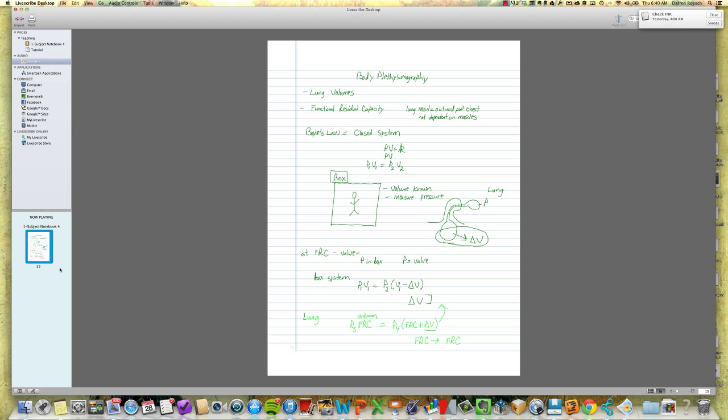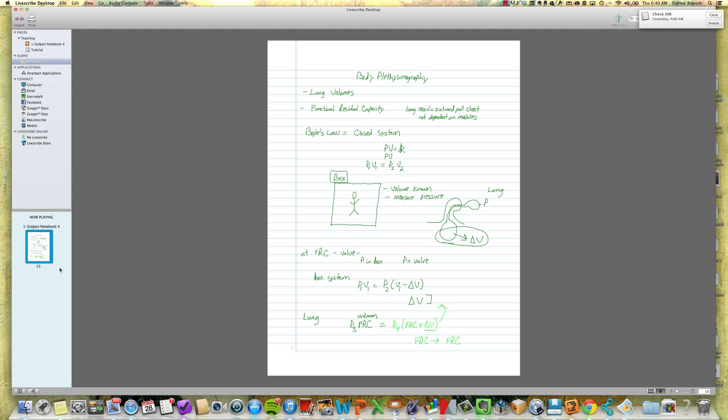Now you apply this to the closed lung system that we also measured. And in the closed lung system, you had a pressure before you closed the valve times a volume, and the volume at the immediate time before you closed the valve was the functional residual capacity, and this is your unknown value, the value you're trying to calculate.